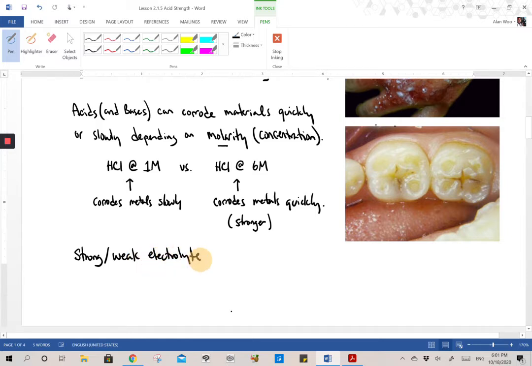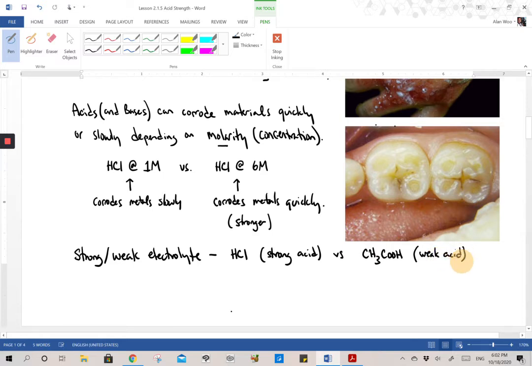And since we've been using acids as our example here, let's stick with some acids. So if you had a strong acid like HCl, we know this is a strong electrolyte and therefore a strong acid, and you compared it to vinegar, CH3COOH, which is considered to be a weak acid or a weak electrolyte.